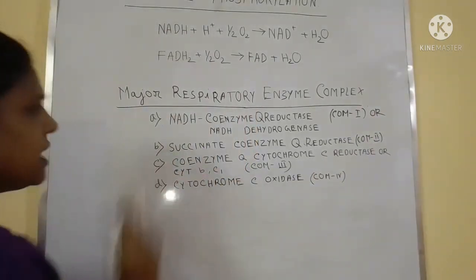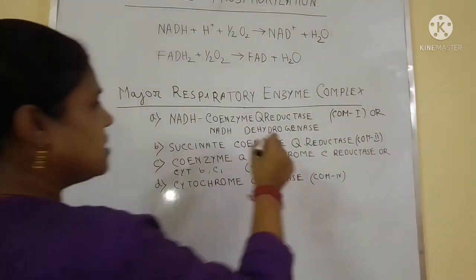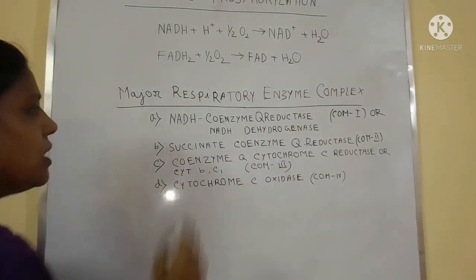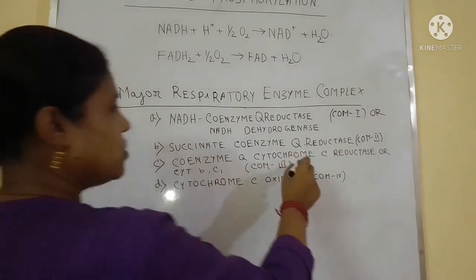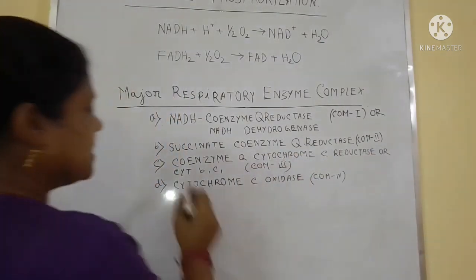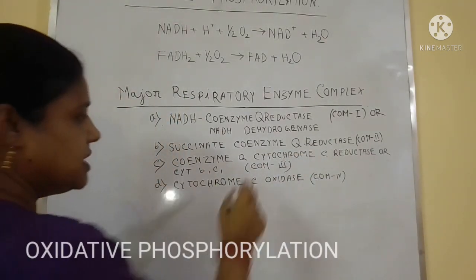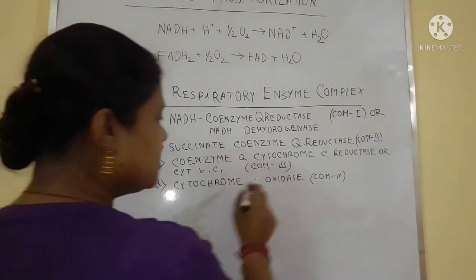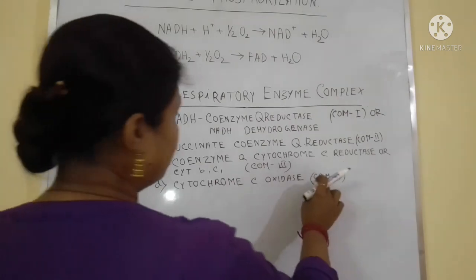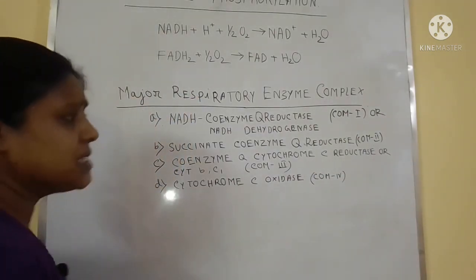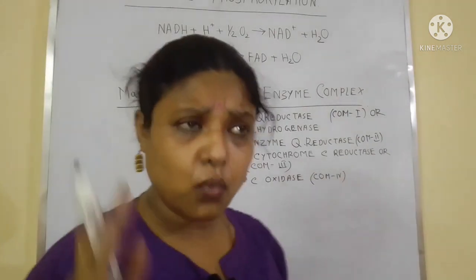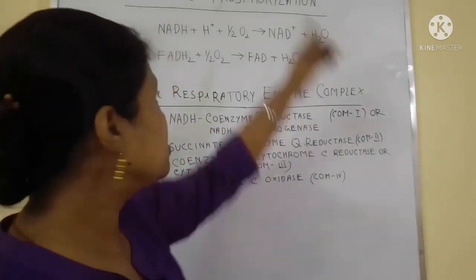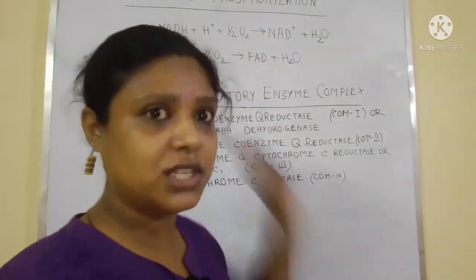The second complex is succinate coenzyme Q reductase. The third one is coenzyme Q cytochrome C reductase, or cytochrome BC1. This is complex 3. And the last one is cytochrome C oxidase. This is complex 4. So complexes 1 to 4 are all involved in completing this oxidative phosphorylation.